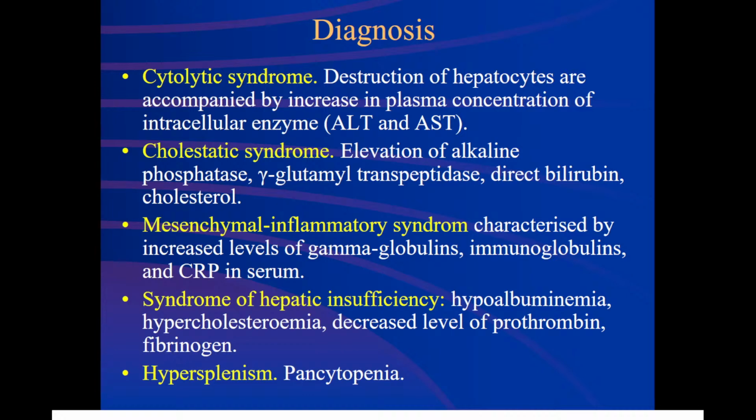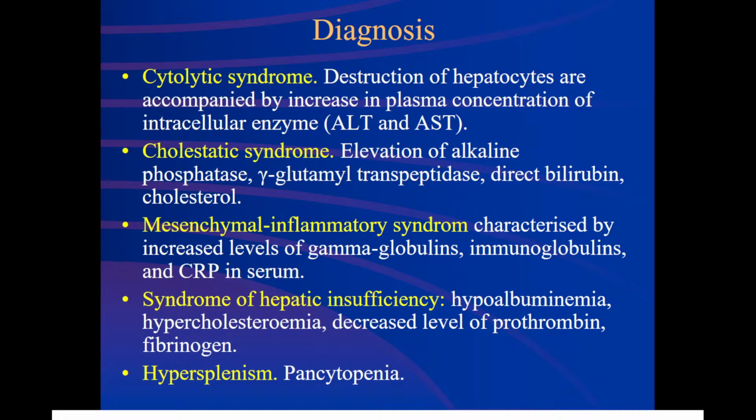So if hepatic cells don't work properly, the patient will be predisposed to low oncotic pressure due to hypoalbuminemia and edema, decreased levels of prothrombin and fibrinogen, which lead to significant bleeding, and also to hypercholesterolemia, which is a risk factor of ischemic heart disease.